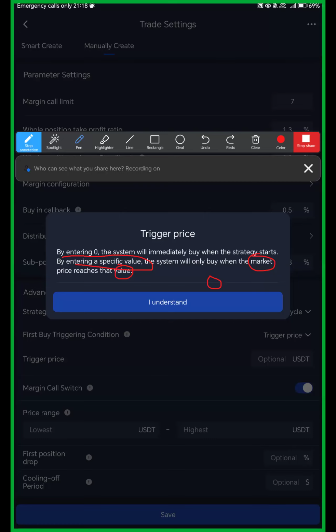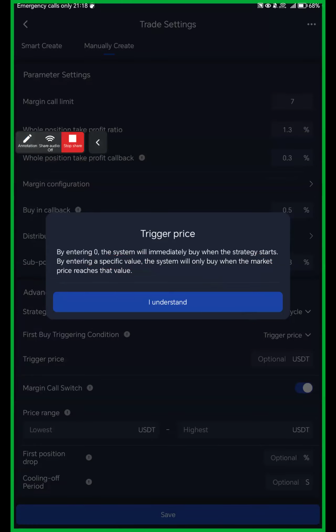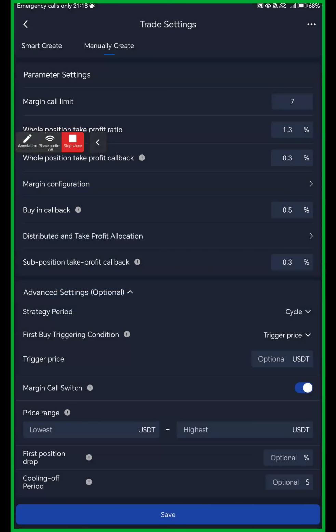Then the robot will be monitoring. When the market price reaches that value, boom, it will buy. That's what it means. So in this scenario, our specific value is going to be triggered by MACD.